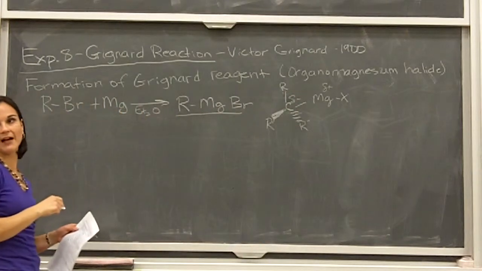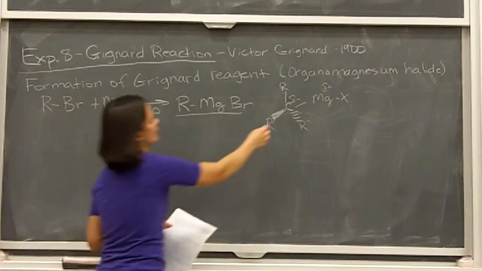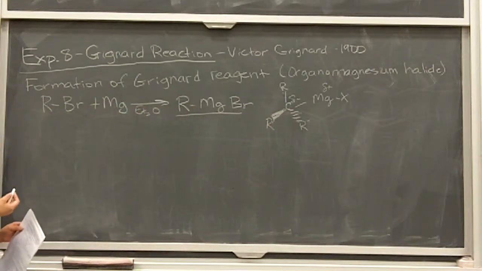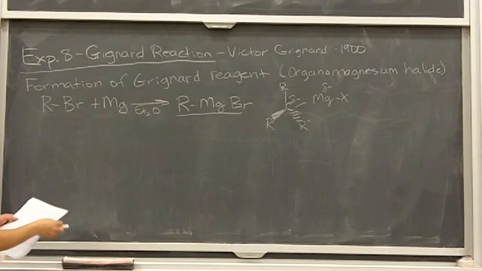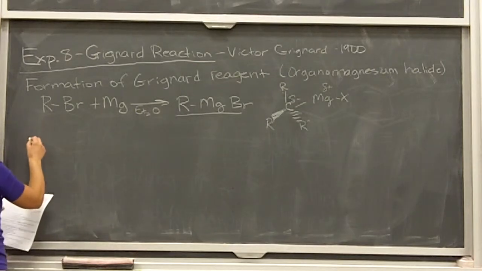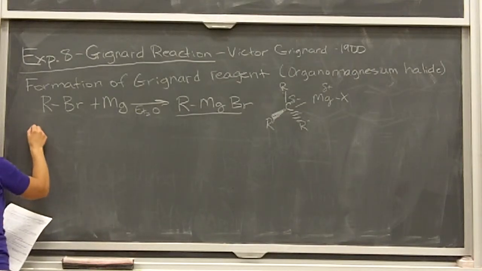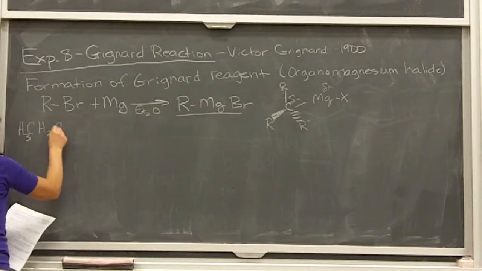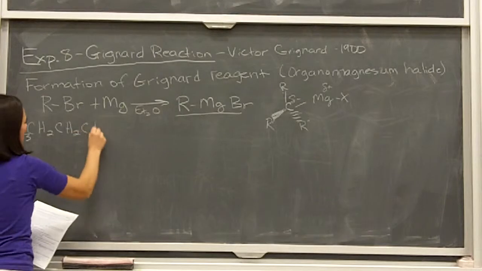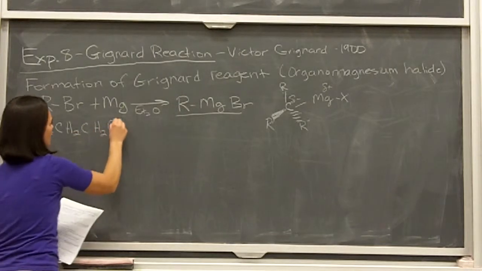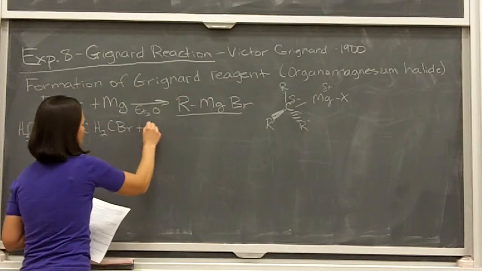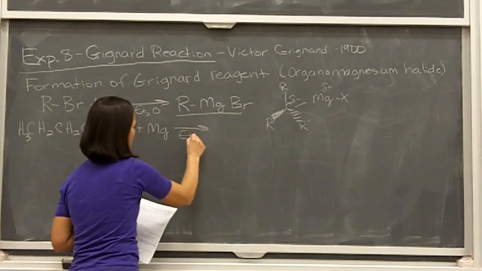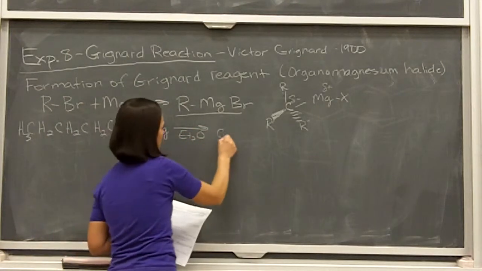So in our Grignard reagent, this carbon is going to act as a nucleophile, which does not happen very often, that carbon's going to act as a nucleophile. If we had an example here, if we had bromobutane, we react it with magnesium in the presence of ether as our solvent.